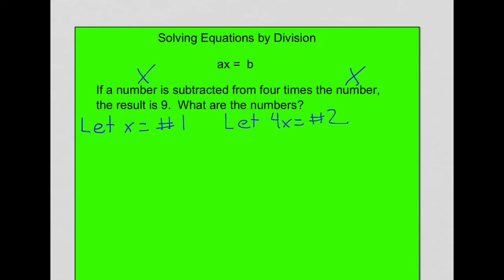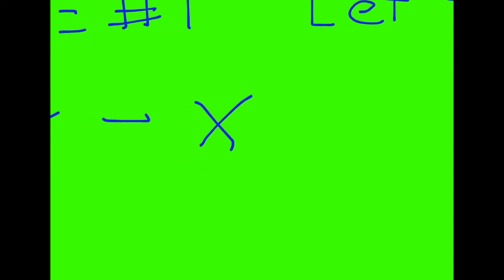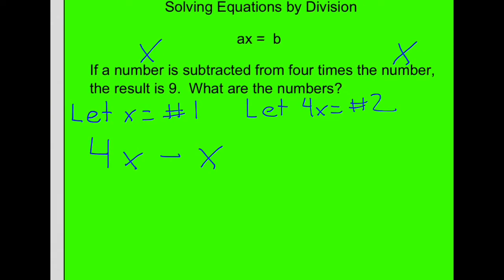Now what the problem wants is to subtract one number from the other. So we're going to subtract the smaller one from the larger one. So we're going to say 4x minus x. Something we learn about in algebra is that whenever you have a variable without a number in front of it, there actually is a number in front of it. The number in front of that is 1.